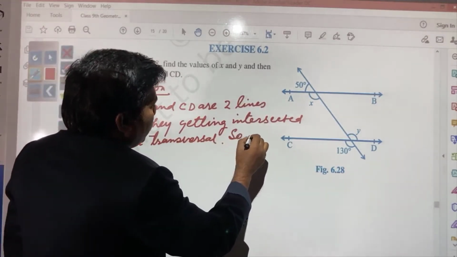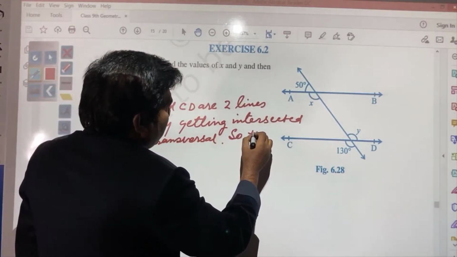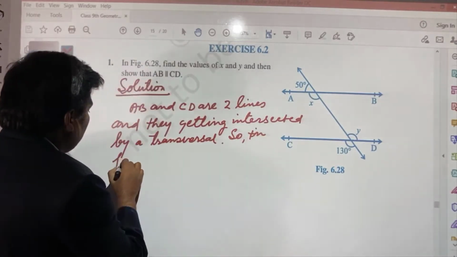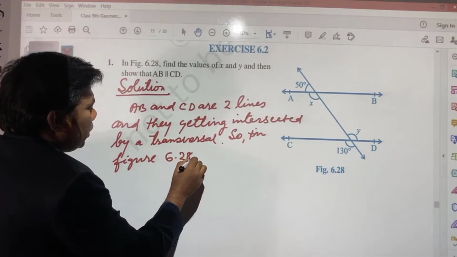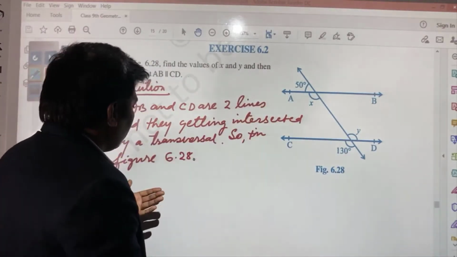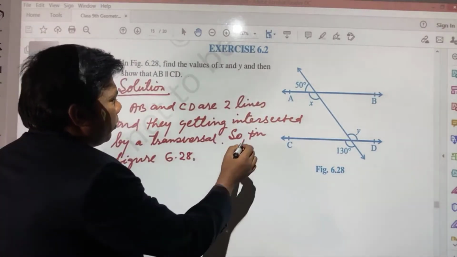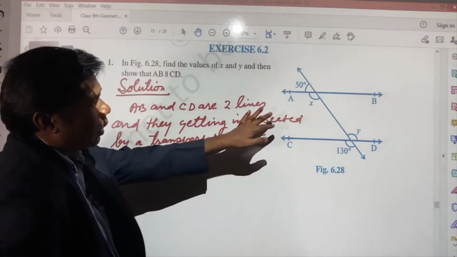So, in figure 6.28, in the given figure also you can write.